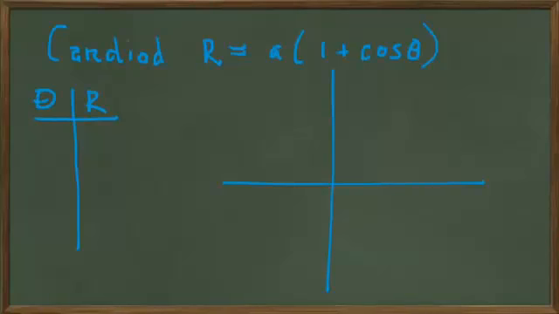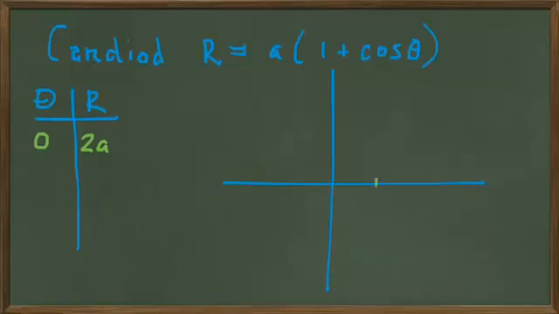So if we plug the angle theta equals 0 in, cosine of 0 is 1, we get a times 1 plus 1, so we get 2a for that value.